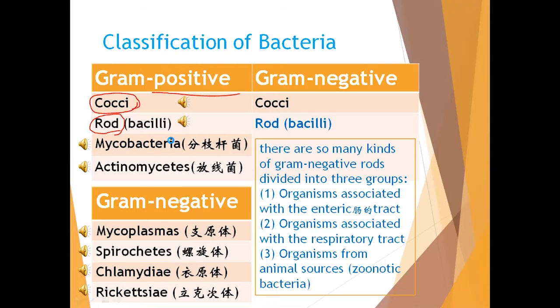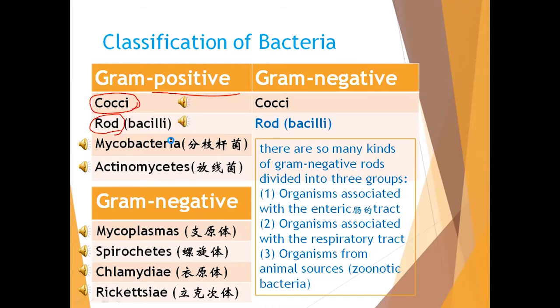The first big category is gram positive and gram negative. And then we have different kinds. So let's talk about it one by one.